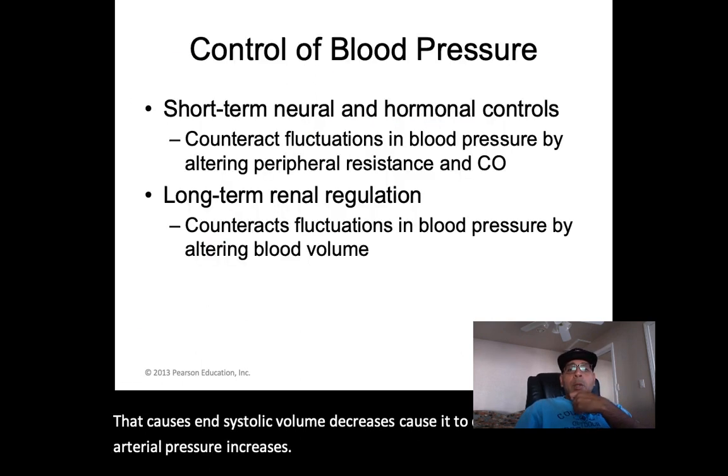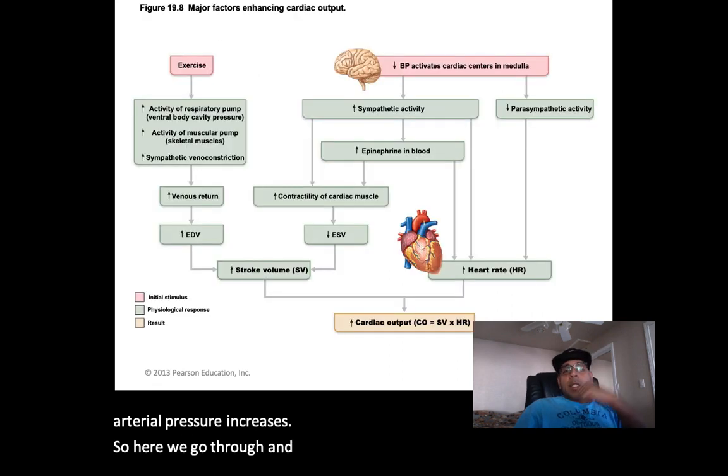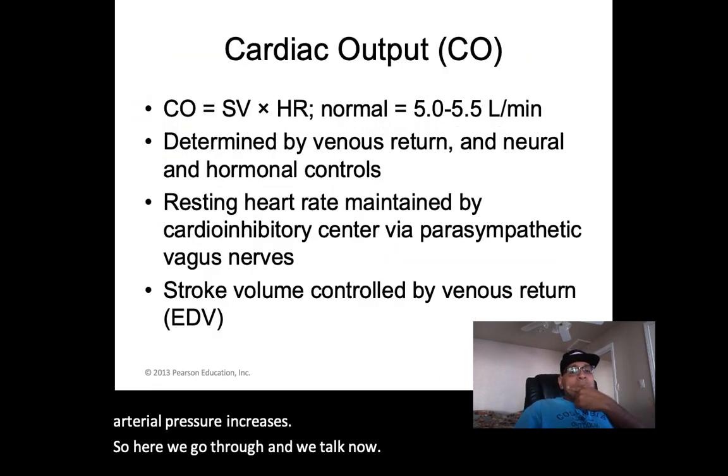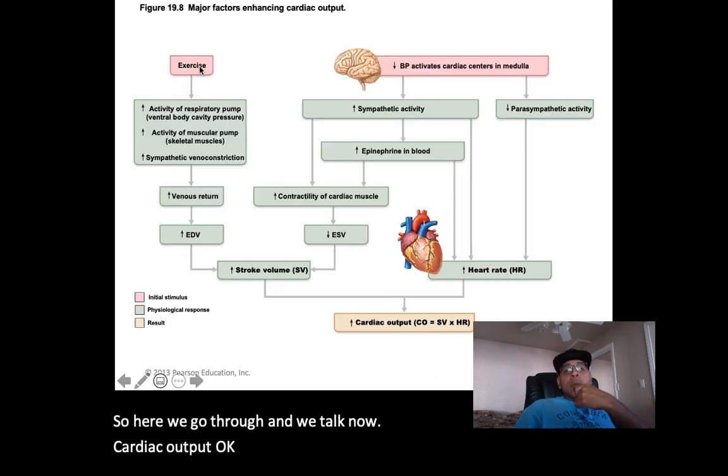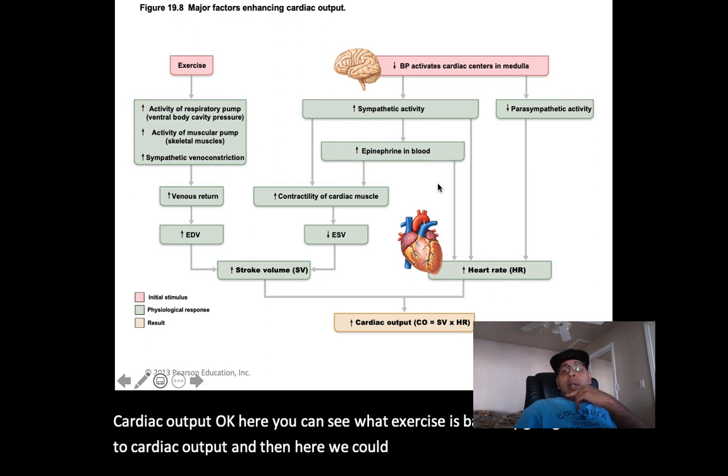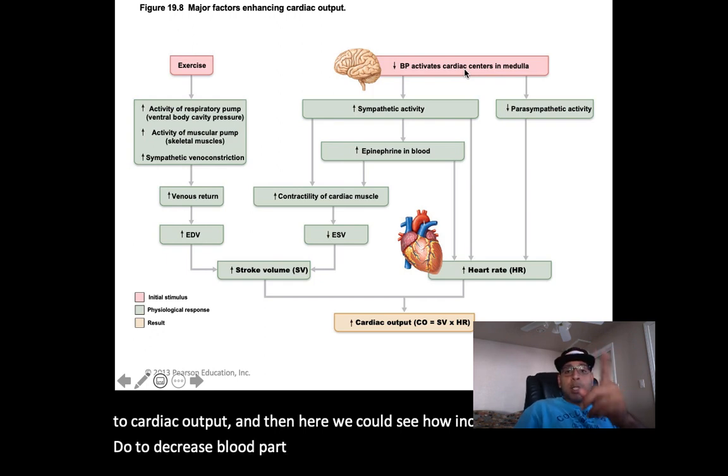So here, when we talk cardiac output, you can see what exercise is going to do to cardiac output. And then here we can see an increase in heart rate due to decreased blood pressure.